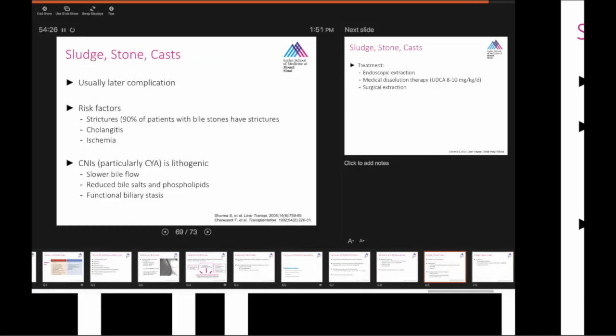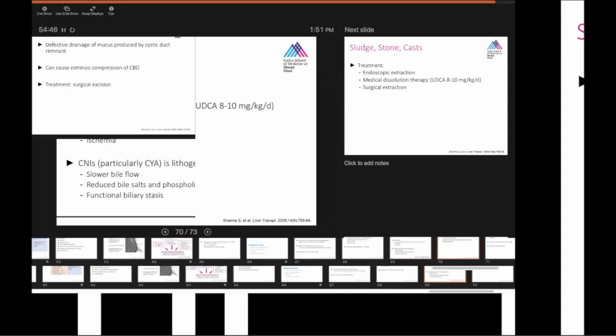Sludge, stones, and casts are usually associated with strictures, and also with infection, so cholangitis. Interestingly, calcineurin inhibitors, particularly cyclosporin, are lithogenic. It reduces bile flow, and it also induces bile stasis. And you treat them as you would treat any casts, any stones.